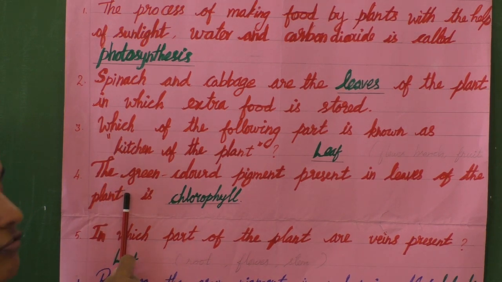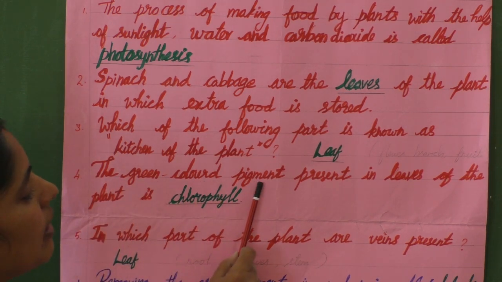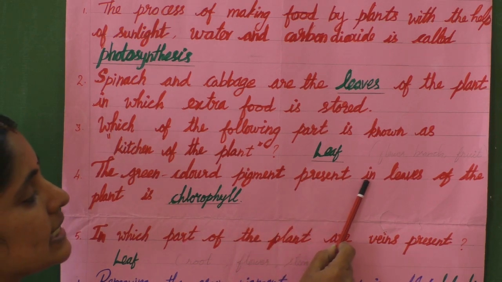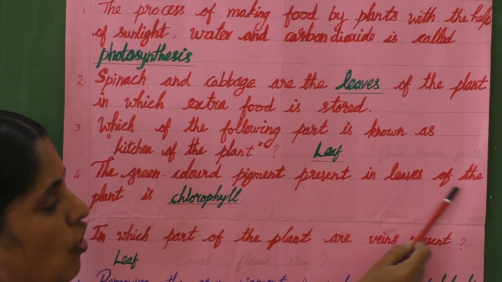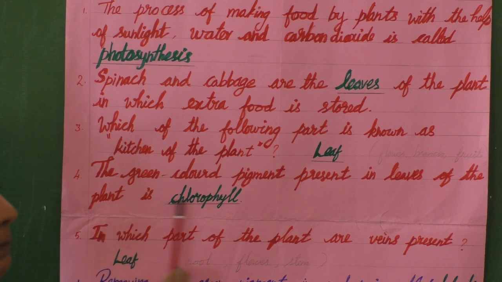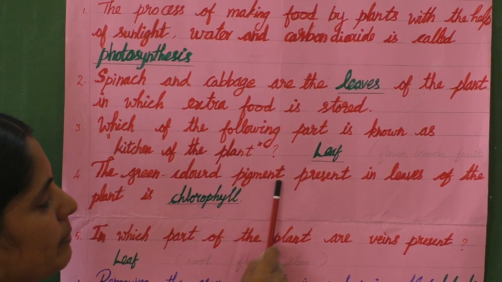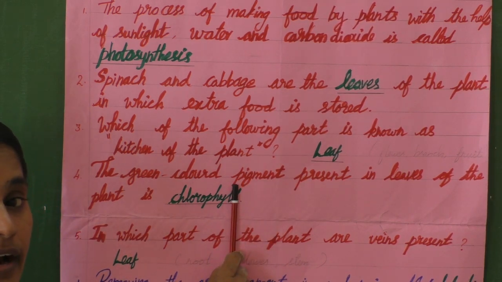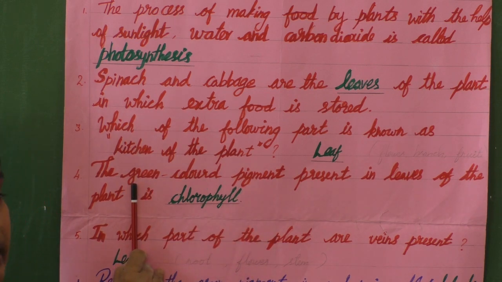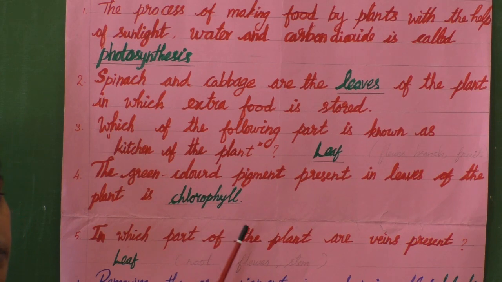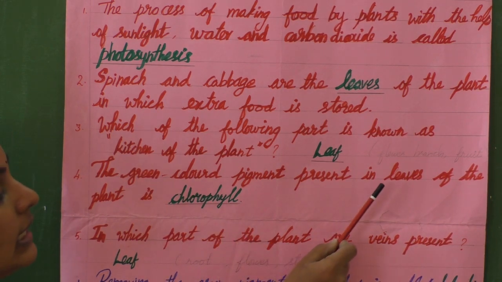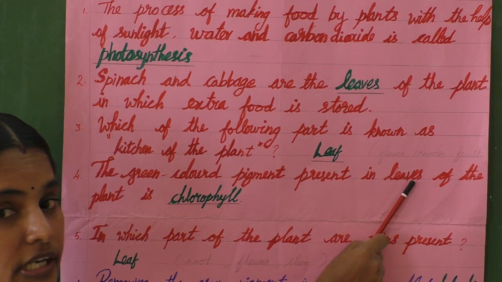Then go to the fourth one: the green colored pigment present in leaves of the plant. The word pigment means coloring agent. What color does it give? Green color. Where is it present? It is present in leaves.